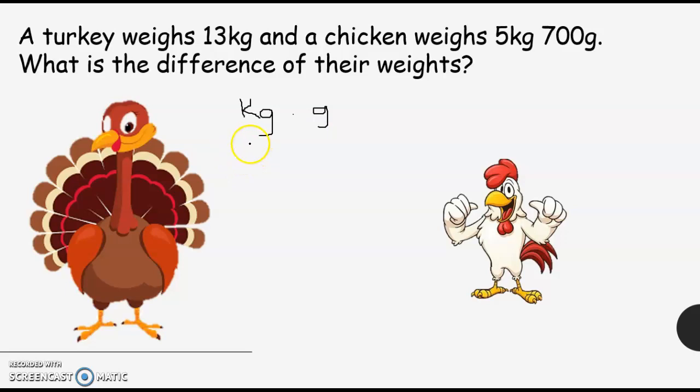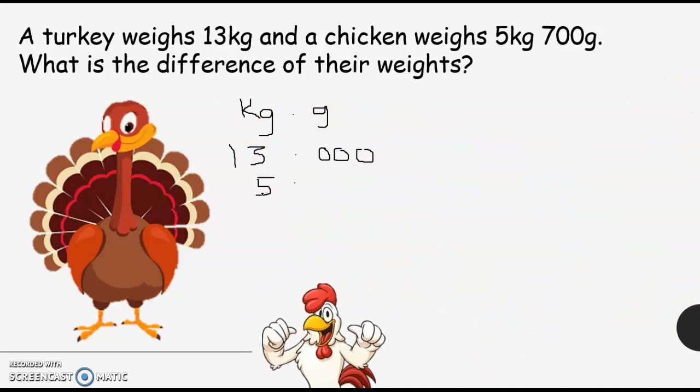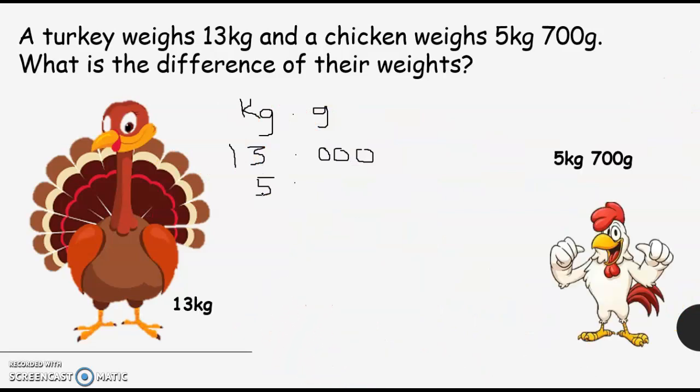So we have 13 kg for the turkey, point, 0 grams. Then we have the chicken weighing 5 kg, 700 grams.